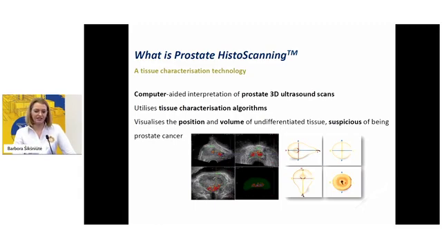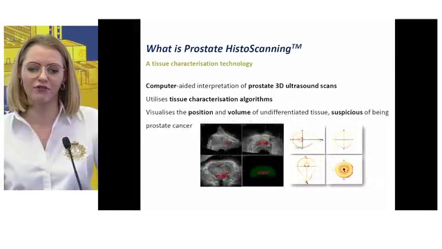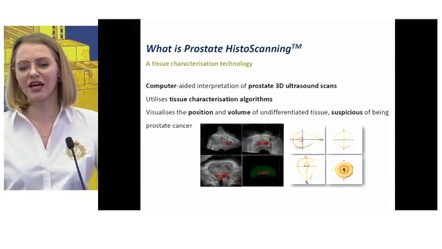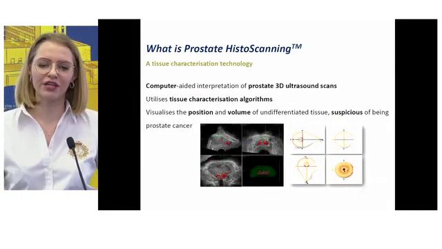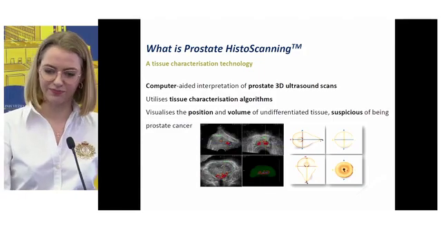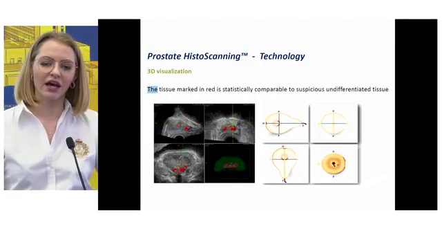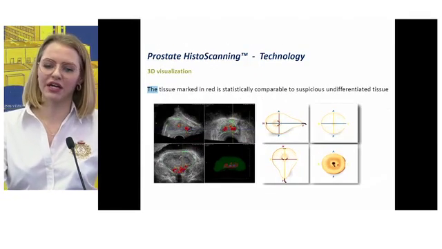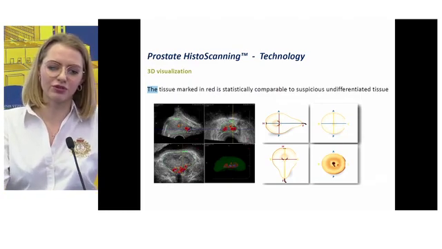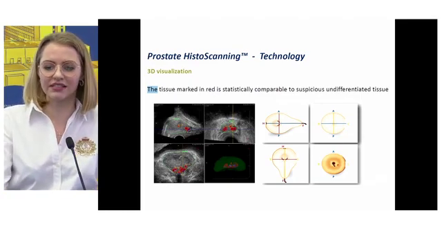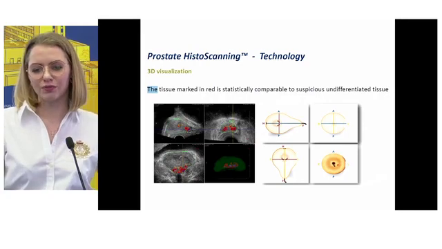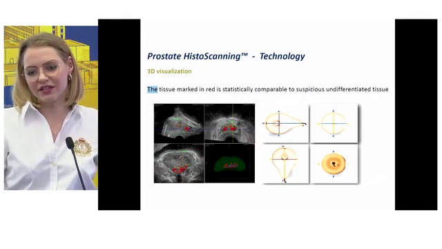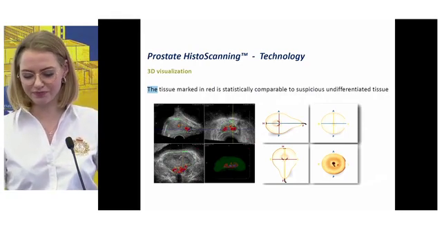It visualizes the position and volume of undifferentiated tissue suspicious of being prostate cancer. Here we see some images. Tissue marked in red is statistically comparable to suspicious undifferentiated tissue.